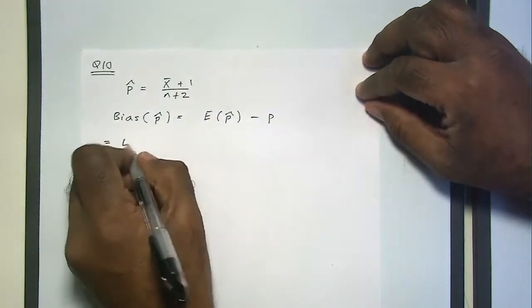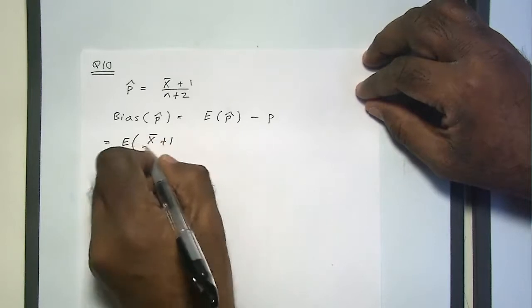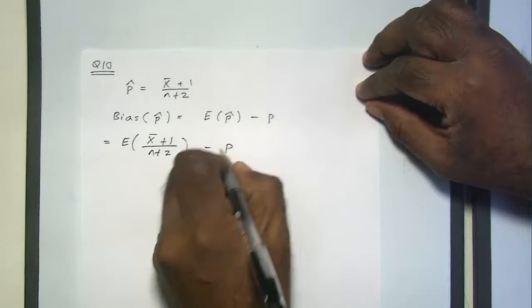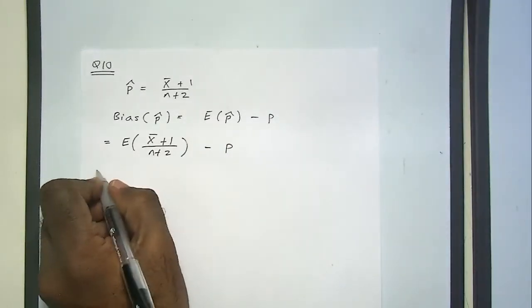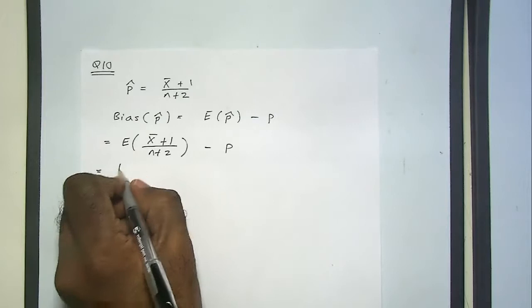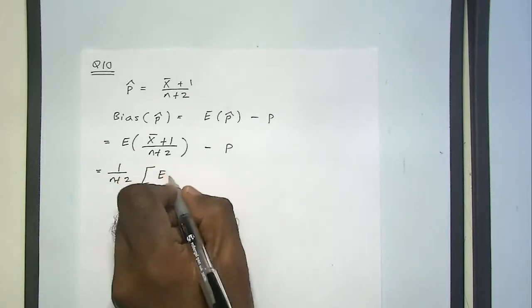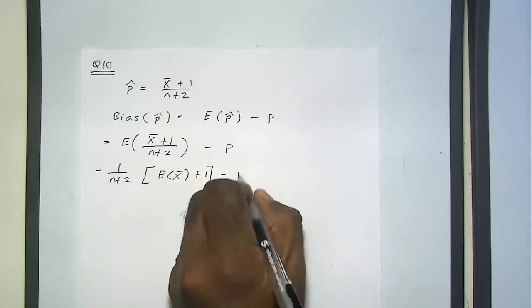So this is the expectation of x bar plus 1 divided by n plus 2, minus p. Yes? Now take the expectation inside, you get 1 over n plus 2.